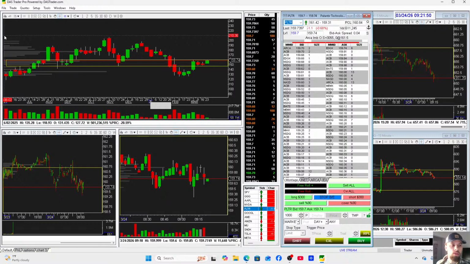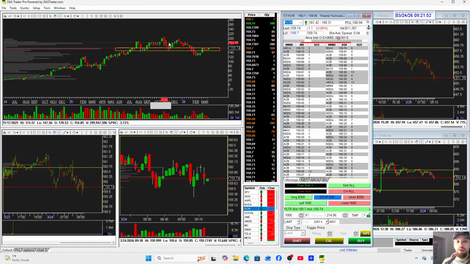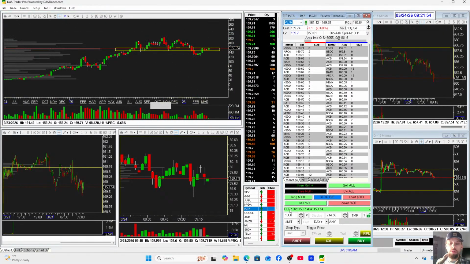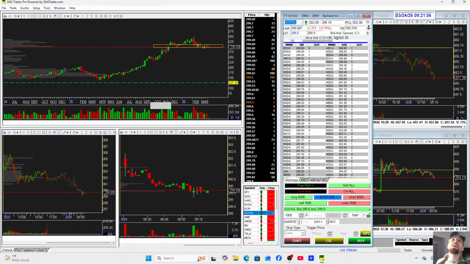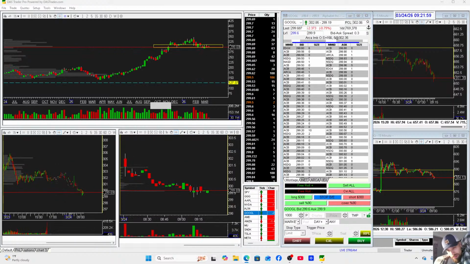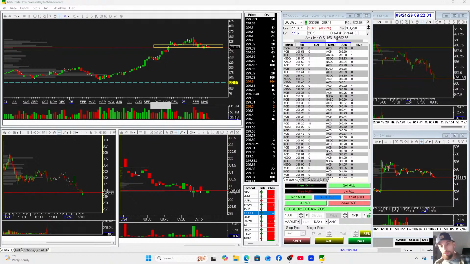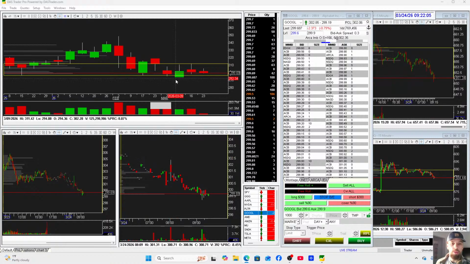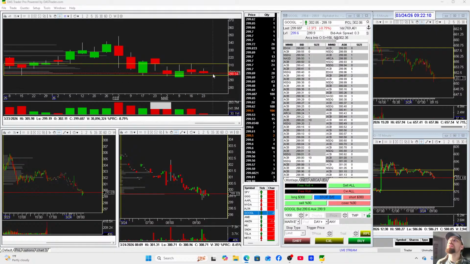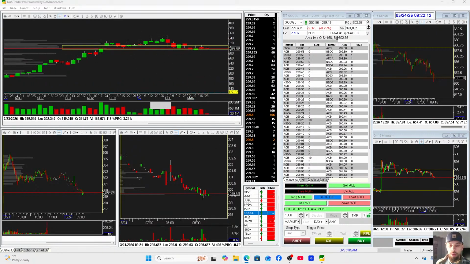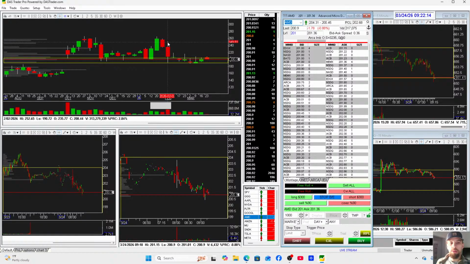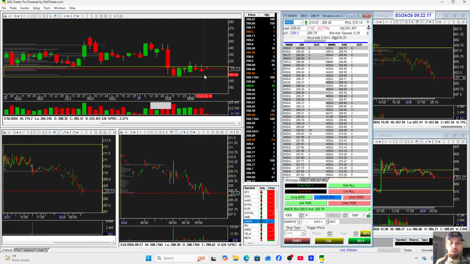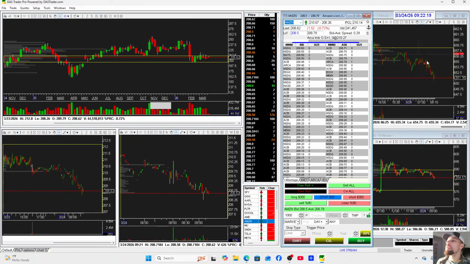PLTR seems to be doing just fine to the upside. Google doesn't have much volume, but it's at a pretty significant area of support here, 300 being a psychological number there. AMD, not really. Amazon is interesting for me.